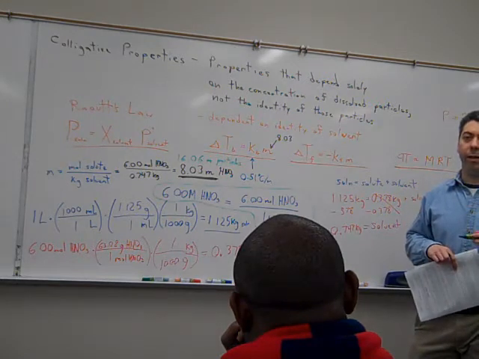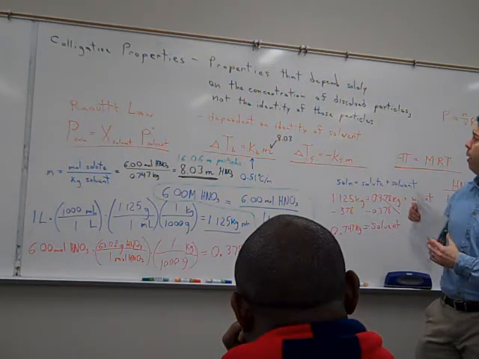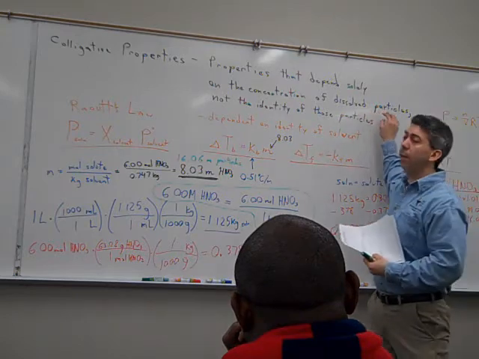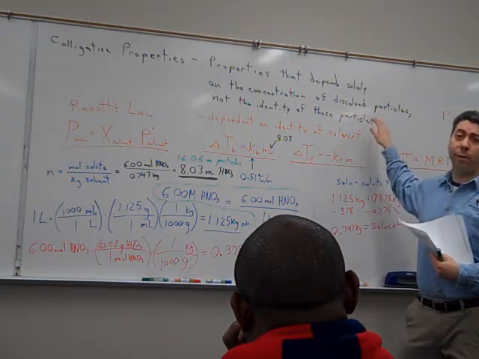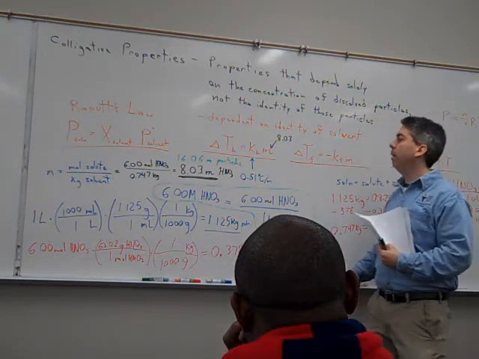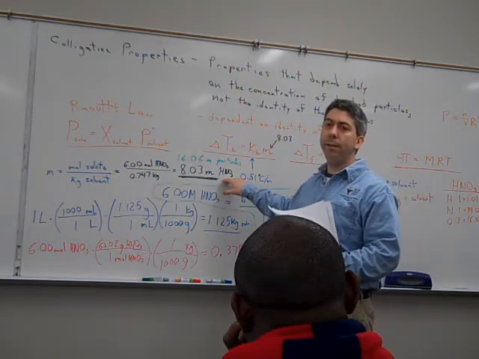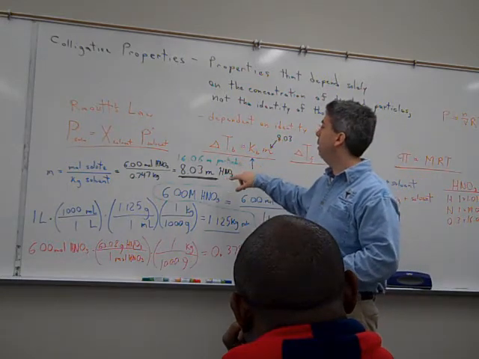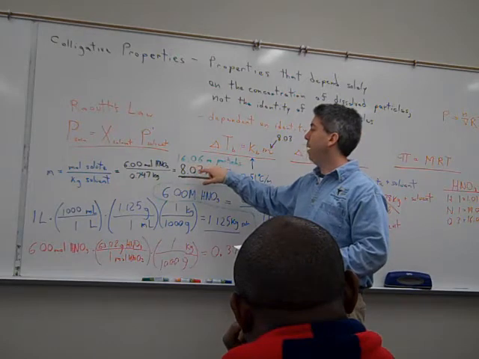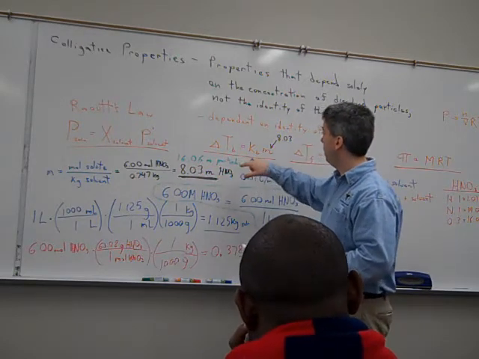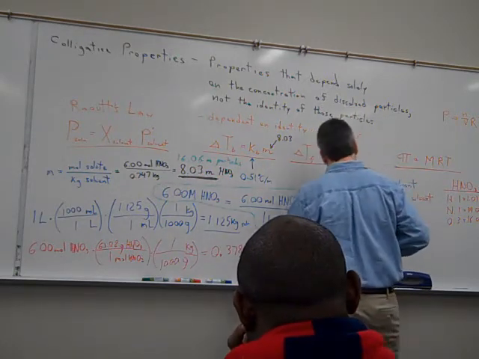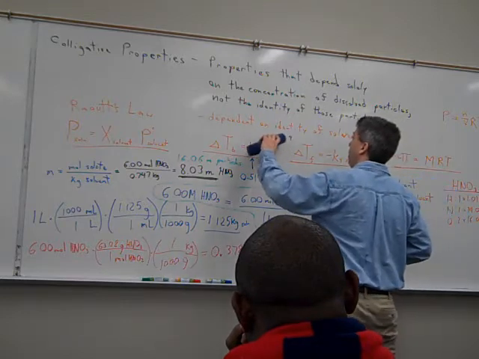Because remember, colligative properties only depend on the concentration of particles. It doesn't matter what those particles are. If this separates into ions, then those are separate particles. So this is going to be not 8.03, but 16.06.